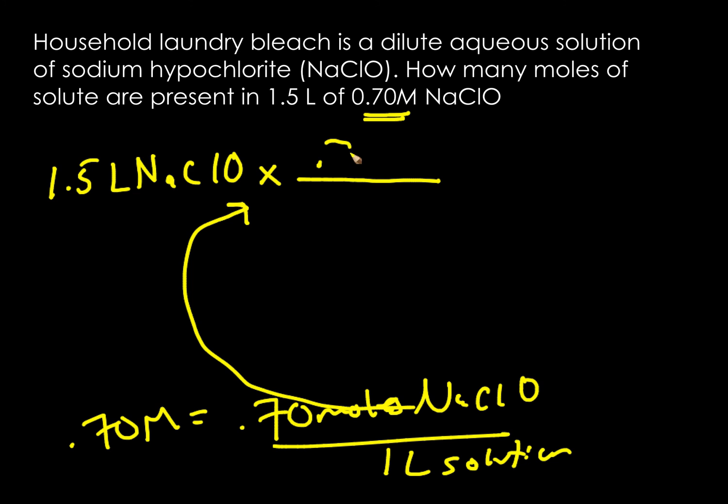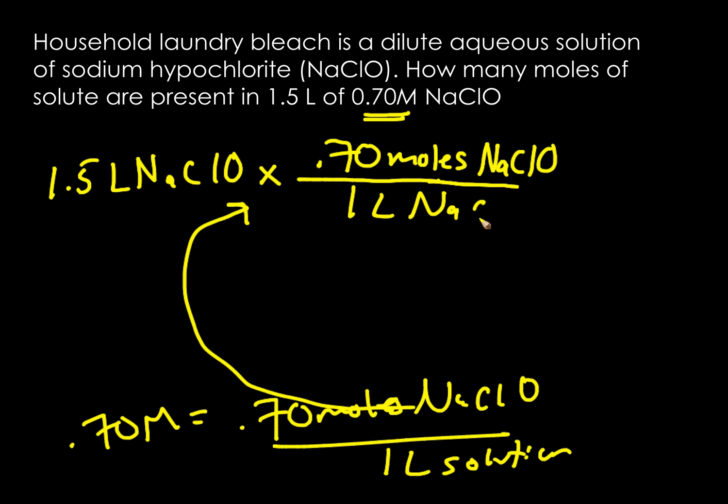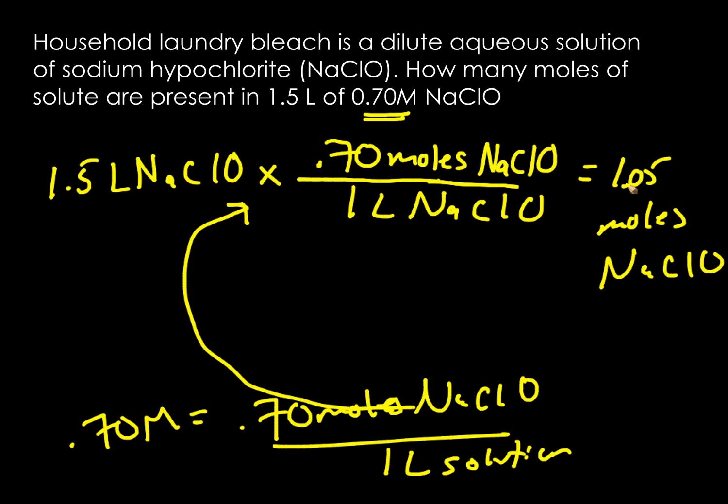So we have 0.70 moles NaClO over 1 liter of solution. So to figure out our moles, we would have 1.5 multiplied by 0.70, and we get 1.05 moles NaClO.